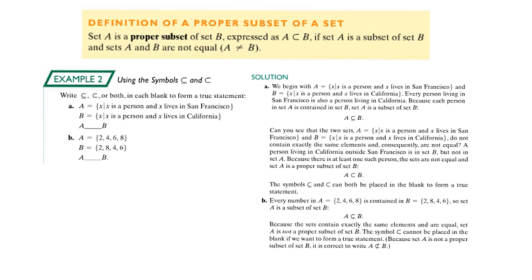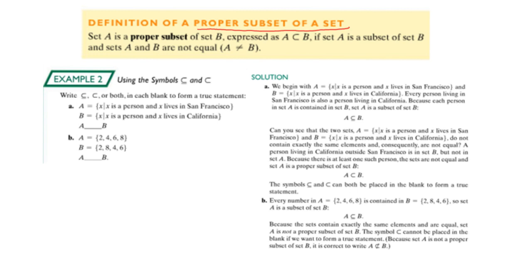So we have been practicing a subset of a set. That is when every element in the first set is contained in the second set. Now we have what's called a proper subset of a set.